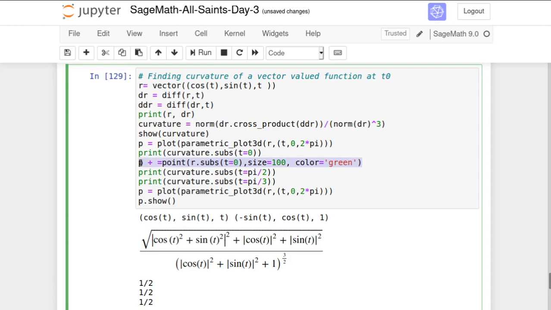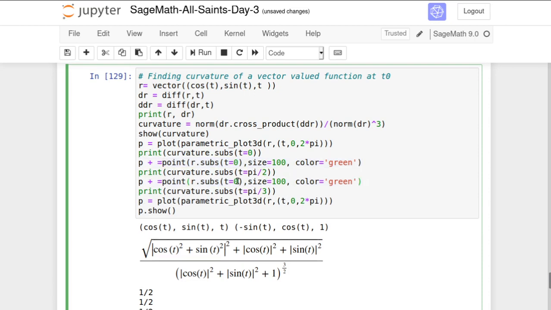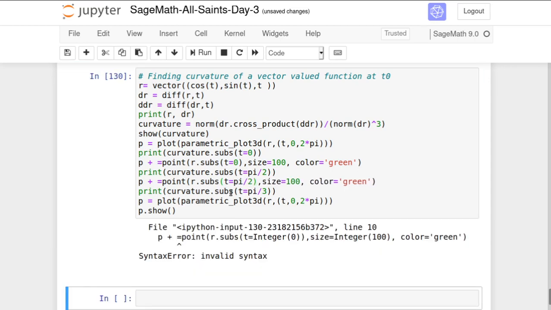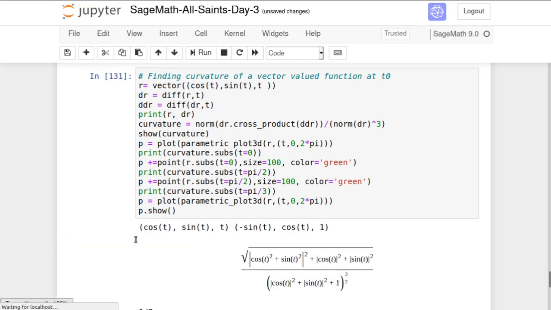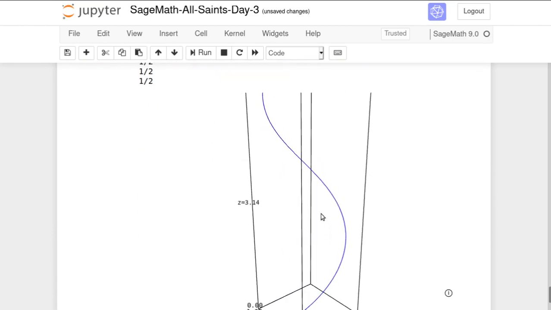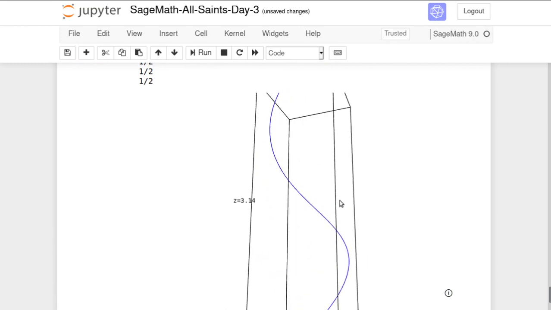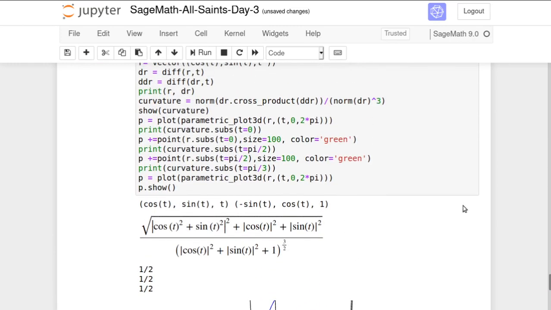Okay, let us try to plot one more point and see if it's appearing at pi by 2. T equal to, what is the mistake here? Oh, there is a mistake. Space here. Okay, plus equal to, there should not be any space. Even now it's not appearing.